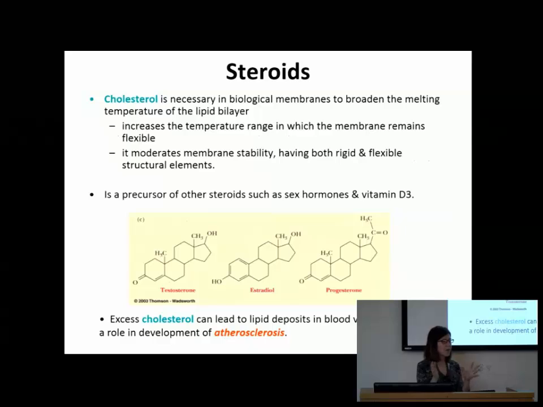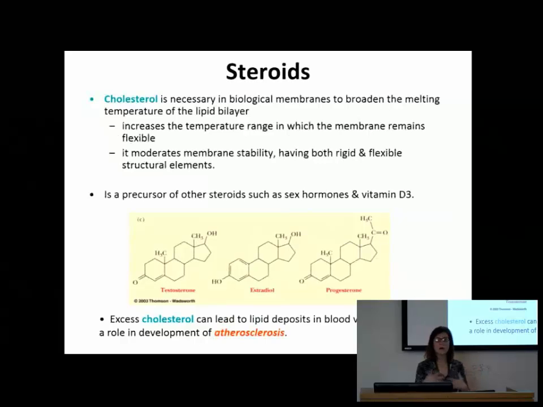What we're doing is we're putting in the piece of cardboard, the cholesterol, to make it a little bit more solid, to give it a little bit more rigidity, so it doesn't go from being floppy to melting apart. So that's why we say that it increases the temperature range in which the membranes remain flexible.